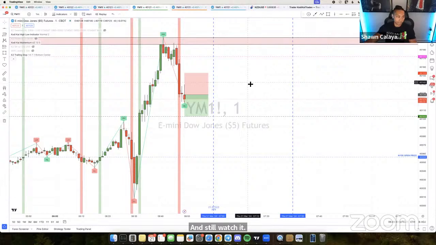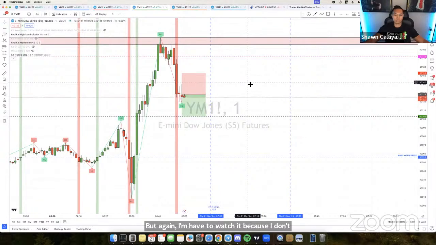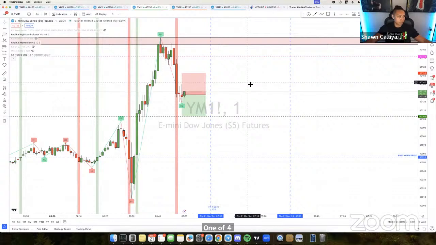So I'm hoping the volatility stays pretty decent. It's kind of, I mean, it's moving. But again, I'm gonna have to watch it because I don't know if my entry was exactly 104. Move this up, maybe. I like 120. 103. Actually, no, it's fine on that.